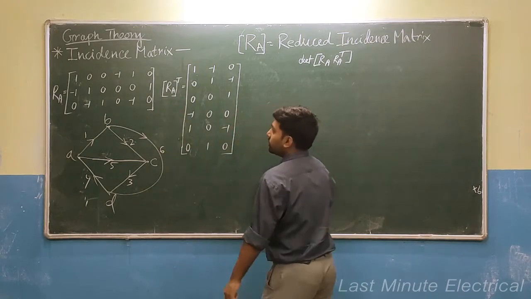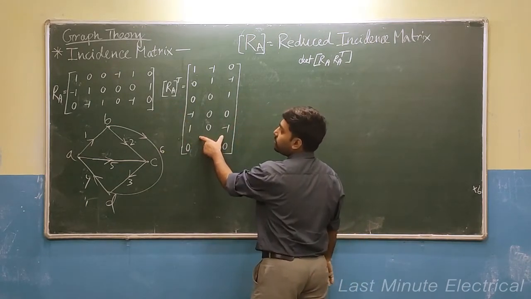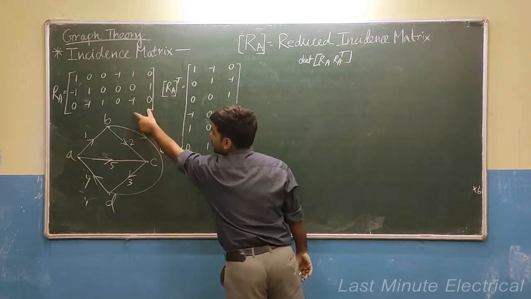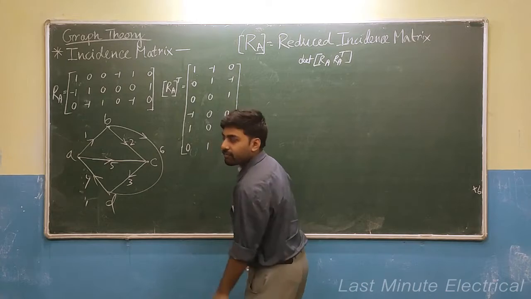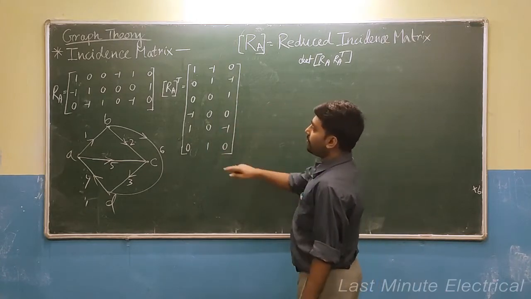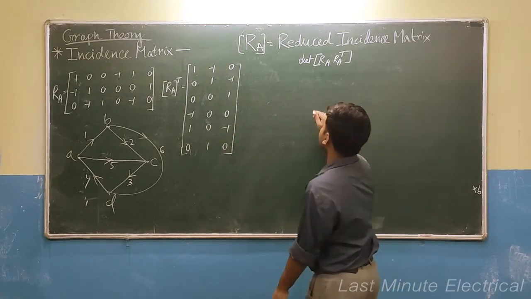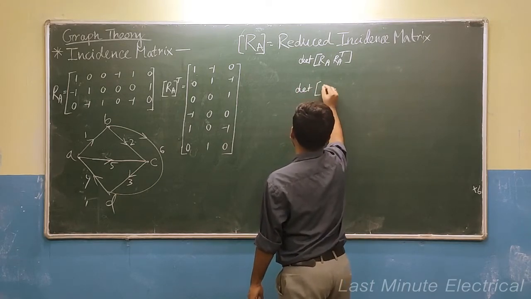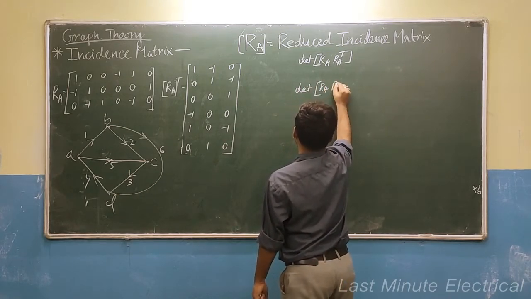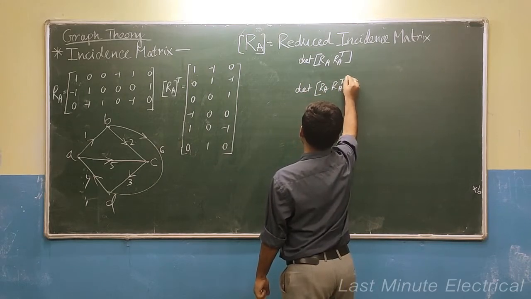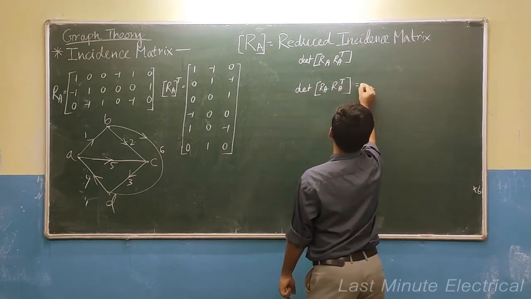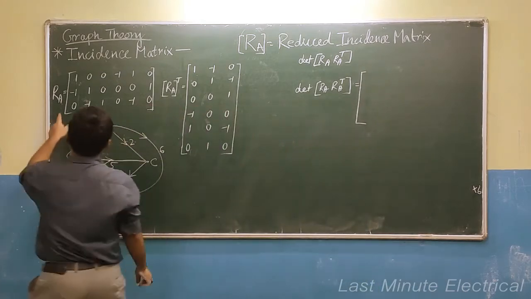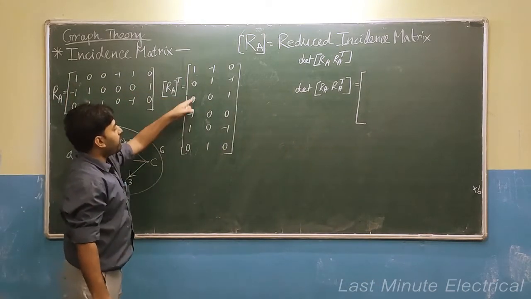I am going to check it by doing RA into RA transpose. Okay. So, this is the transpose of the reduced incidence matrix of this given graph, and this is the reduced incidence matrix of this graph. Now, I am performing the matrix multiplication. So, it will be determinant of RA into RA transpose equal to, see, this is the first row, this is the first column.